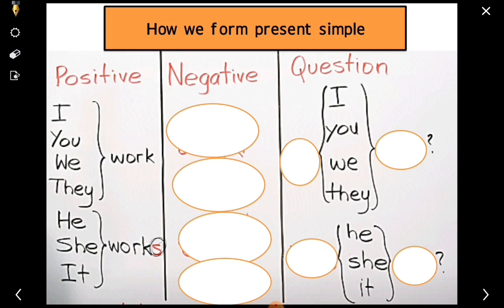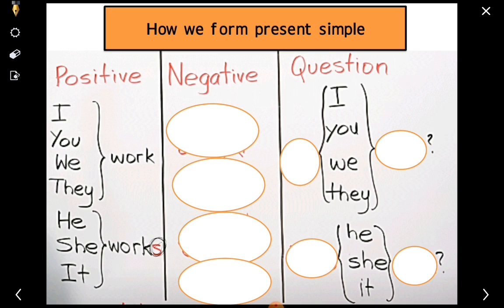We say he works, she works, it works. For example, I sleep, you sleep, we sleep, they sleep. But when we have he, she, it, we say he sleeps. She sleeps. It sleeps. So this is how we conjugate the verb in the simple present tense.